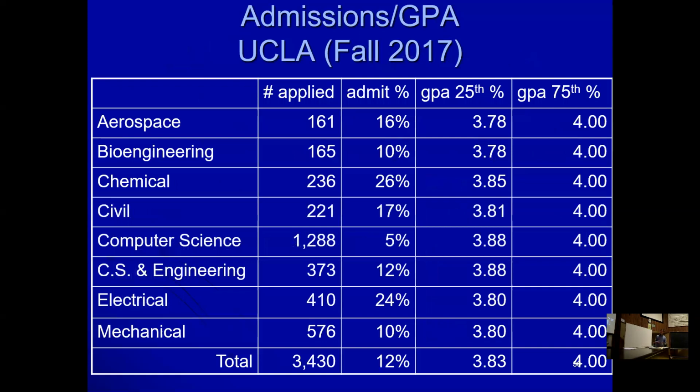And UCLA is showing GPAs on their website, and as you can see, for those that fall into the greatest percentile, it's pretty much 4.0 that they're expecting for all those majors. So if you're considering a UC like UCLA or Berkeley, it's possible that students can be admitted. We have students that transfer. But you have to be in a position to be competitive when it comes to your academics, as well as the other information.